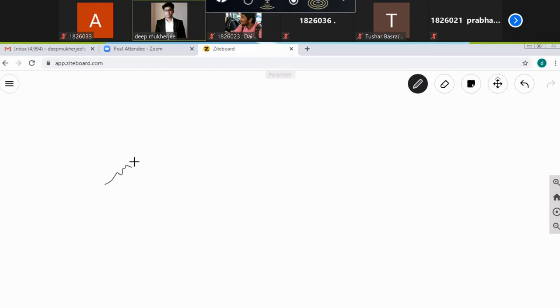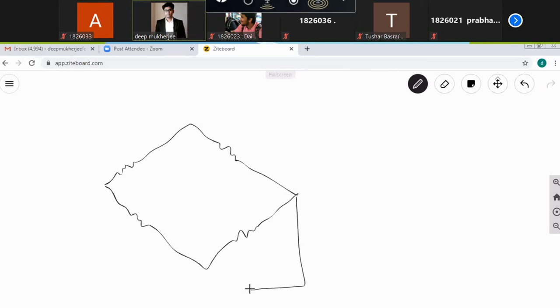Let me first draw the Wheatstone bridge. So this is your excitation input, the E. Obviously current should be flowing in this direction.